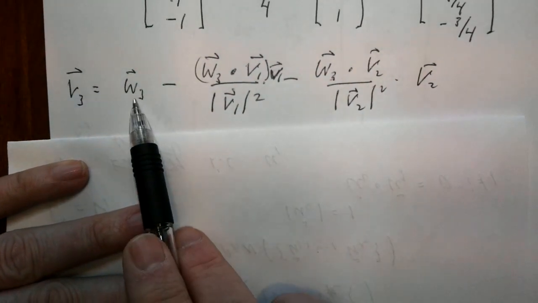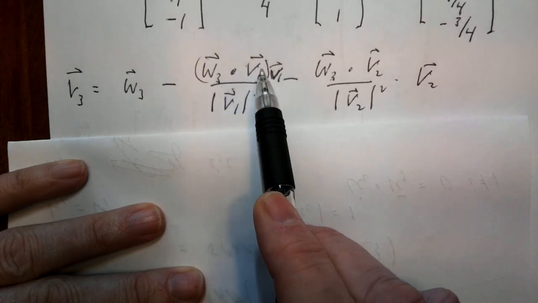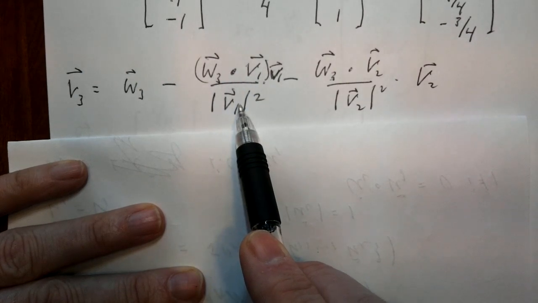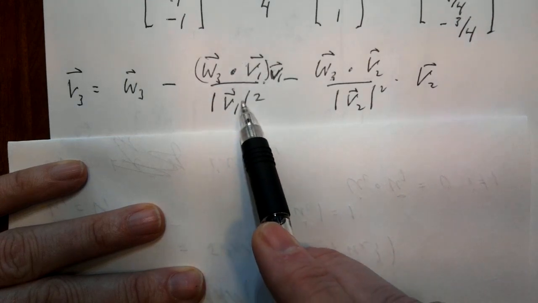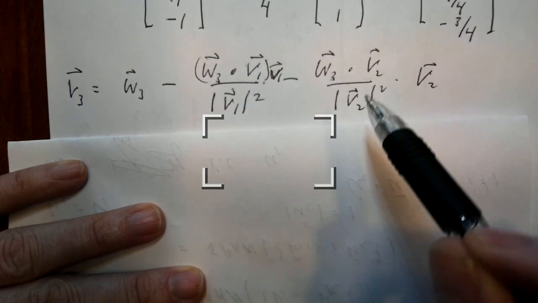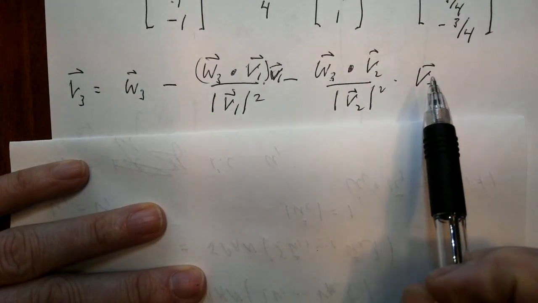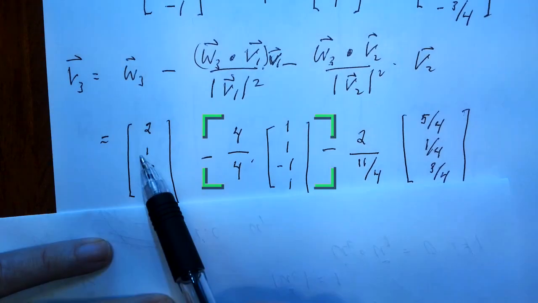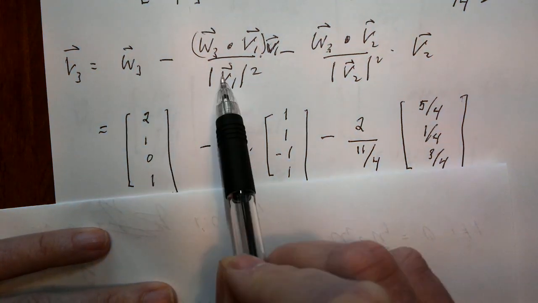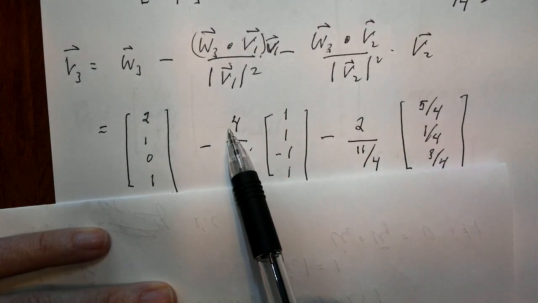How do we get v3? We take w3 minus the dot product of w3 with v1 over the length of v1 squared times the vector v1. So this whole thing is a scalar, minus w3 dotted with v2 over the length of v2 squared times v2. So here's w3, 2, 1, 0, 1. If I take this dot product and compute it using the vectors, I get 4.